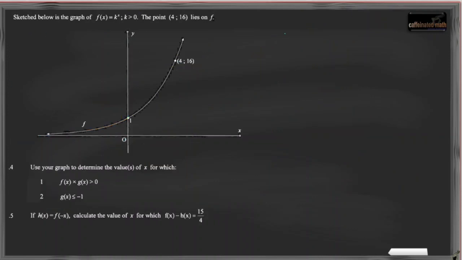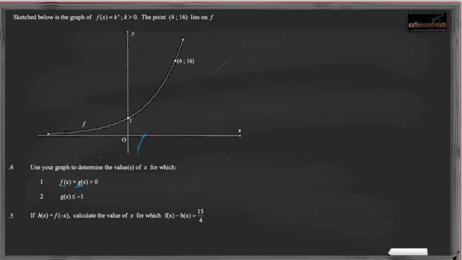Use your graph to determine the values of x for which f(x) times g(x) is greater than 0. So let's just remind ourselves where our initial graphs were.